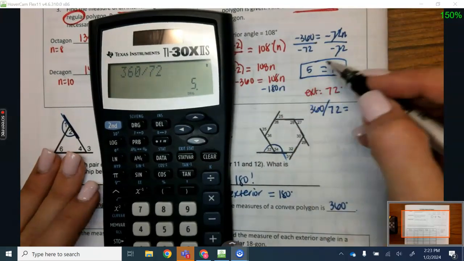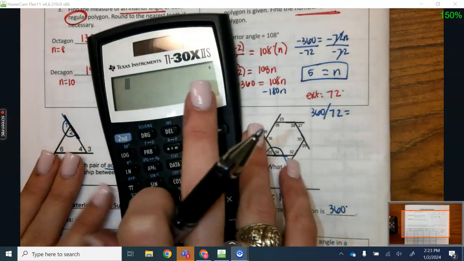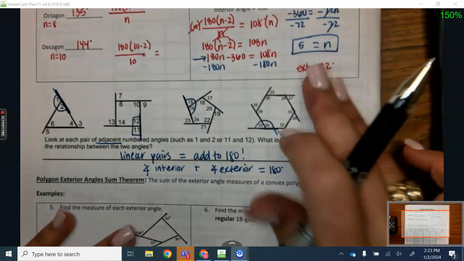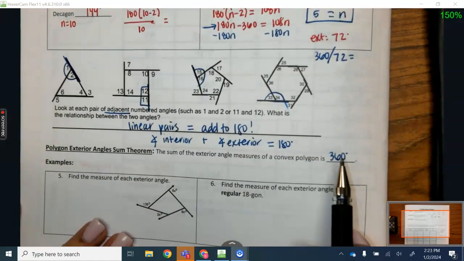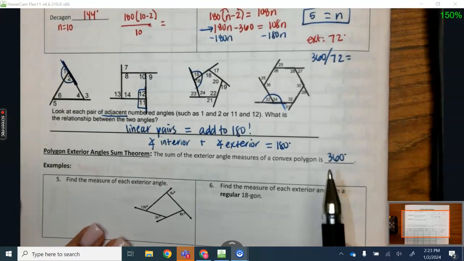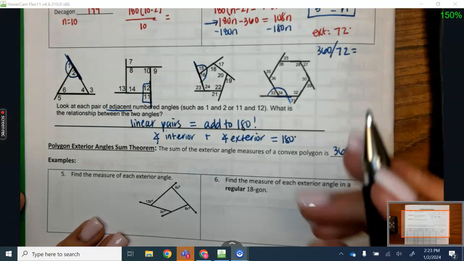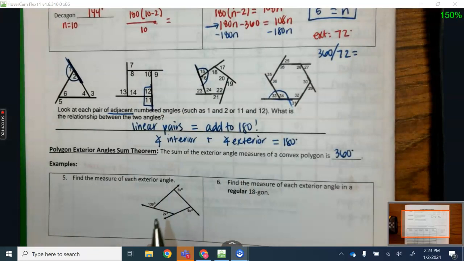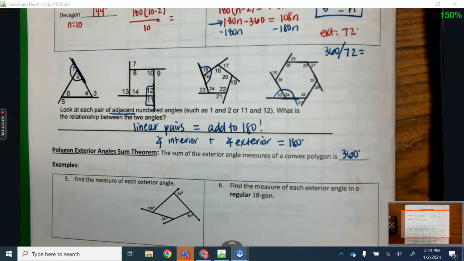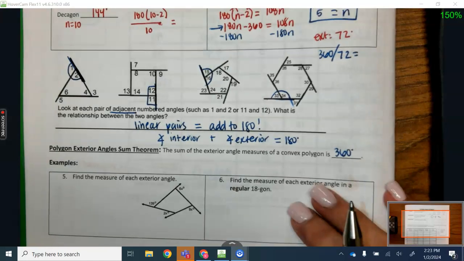We just did it the formal, longer way using our rule. Okay, but what we know is that any polygon, the sum of the exterior angles is going to be 360. Your number of sides is equal to the number of interior angles and the number of exterior angles that your figure has. So use the shortcut.